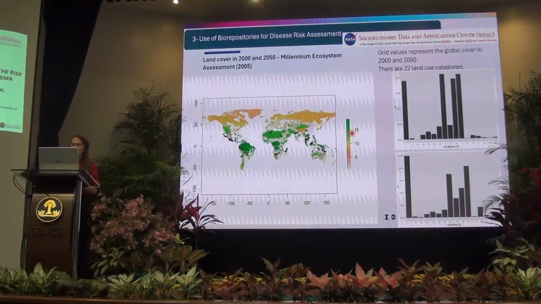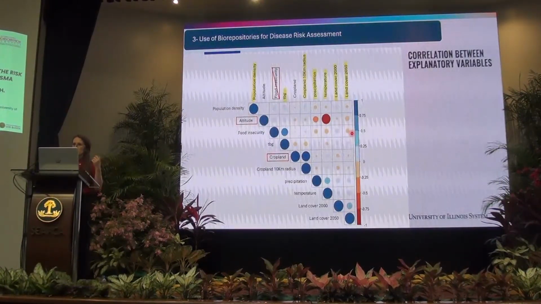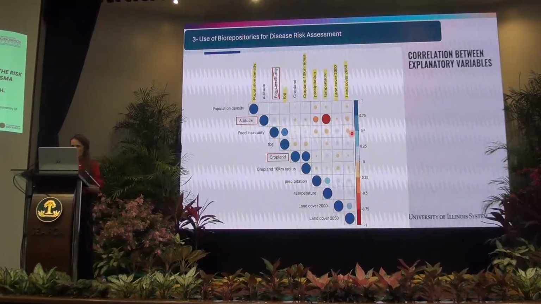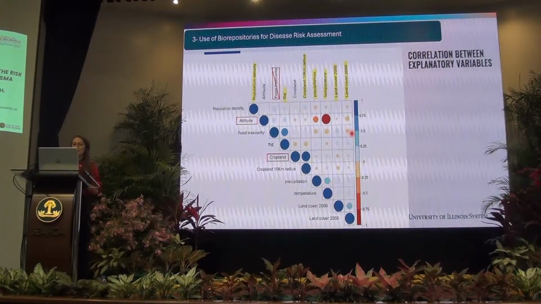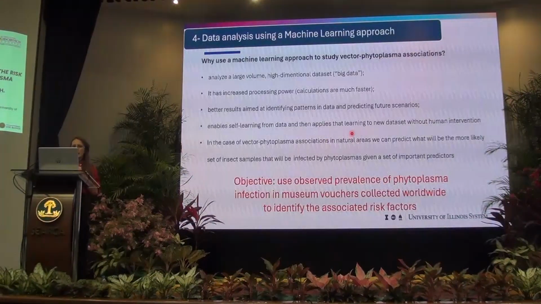And I got the land cover from 2000 and the projection for 2050. Of course, as always, before running any kind of statistics, you have to correlate and eliminate eventually autocorrelated variables. So at the end, we kept population density, environmental quality index, cropland, precipitation, temperature, and land cover in 2000 and 2050.